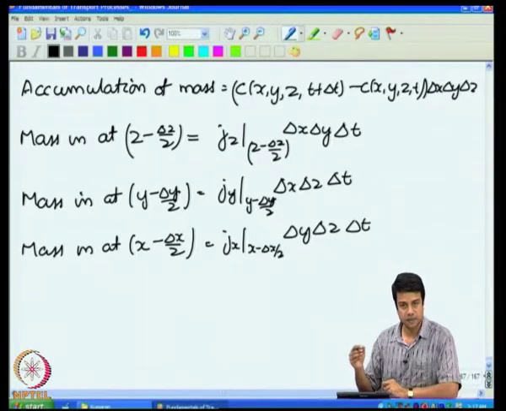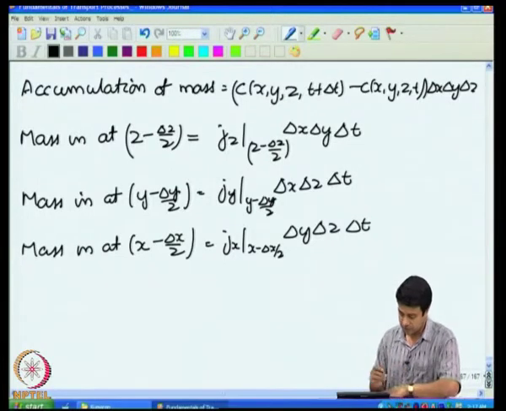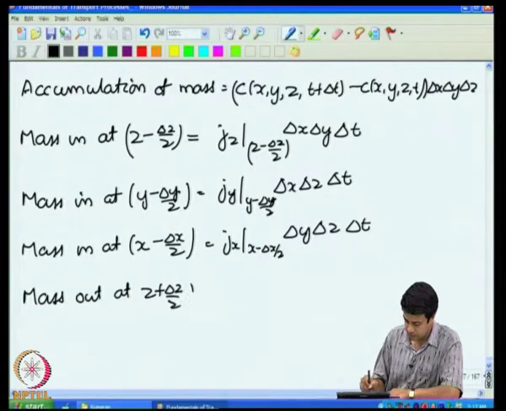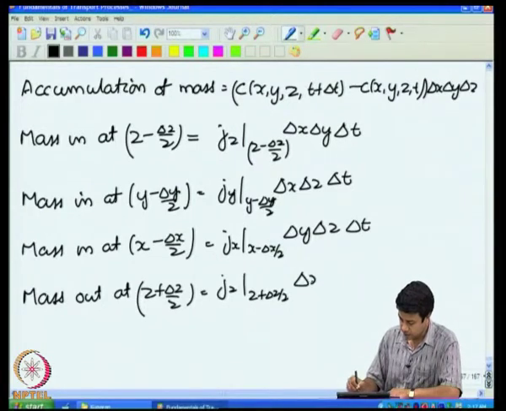I am assuming the flux is positive in the positive x, y and z directions. There is also mass leaving at the top surface, the right surface and the front surface. So, mass out at z plus delta z by 2 is equal to J z at z plus delta z by 2, delta x delta y delta t.